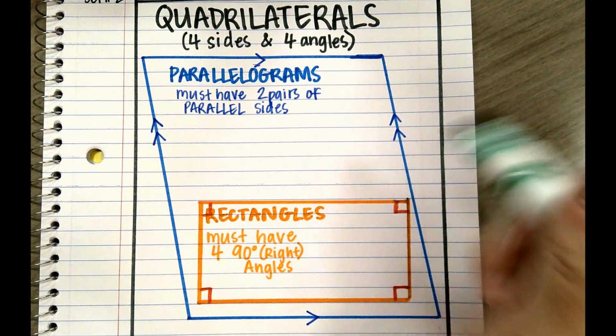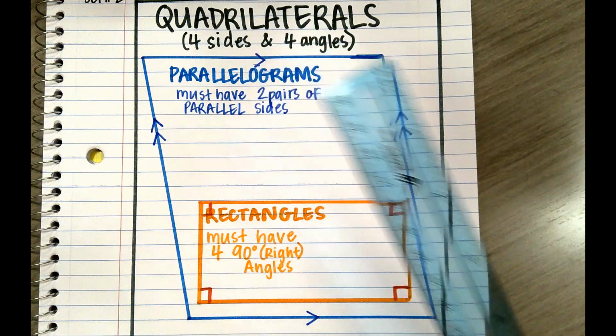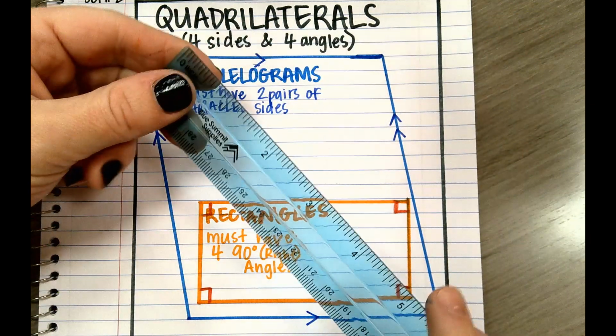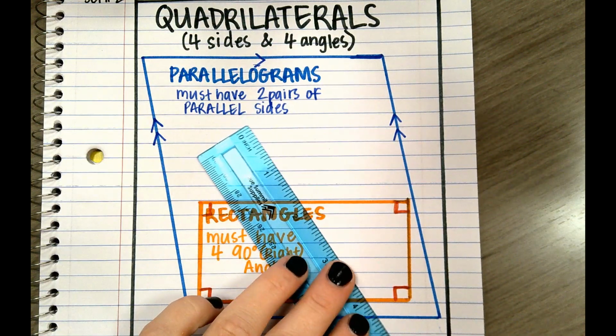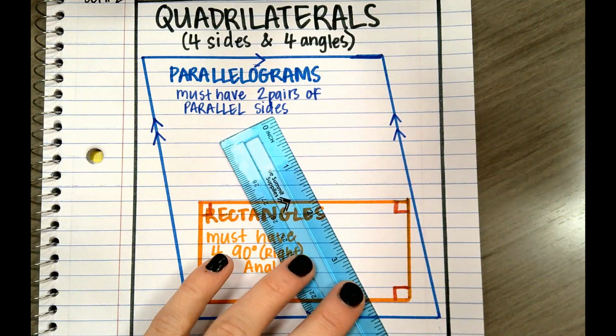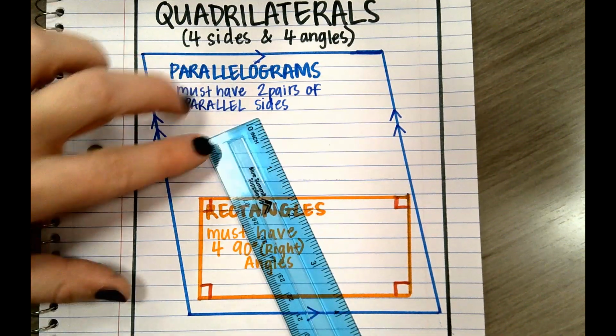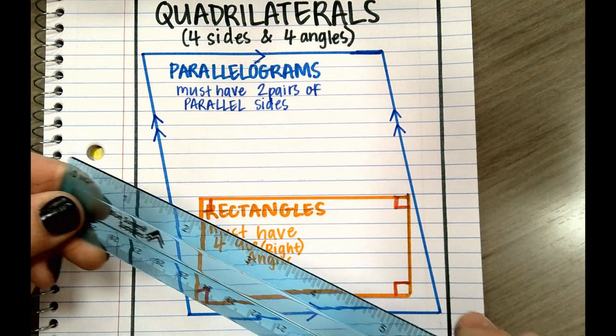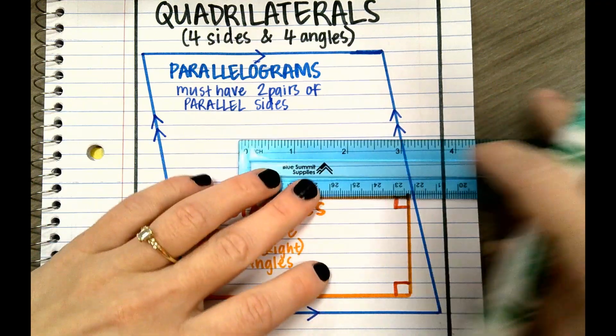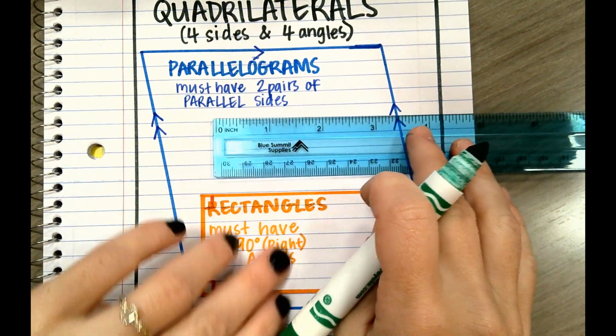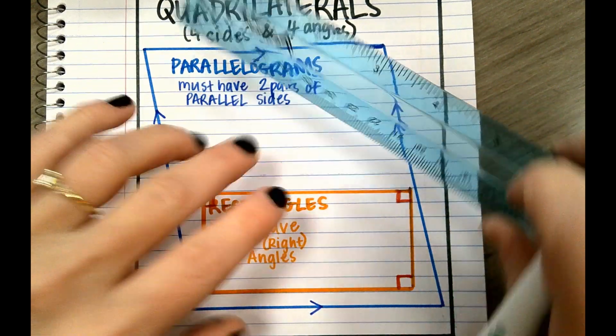Now this category is going to actually overlap with the rectangle a little bit. I'm going to start with, let's see, we're going to need four sides that are the same length because the next category is a rhombus.